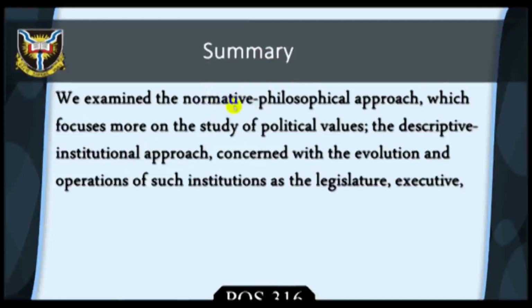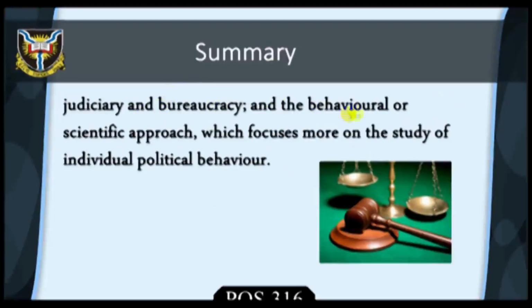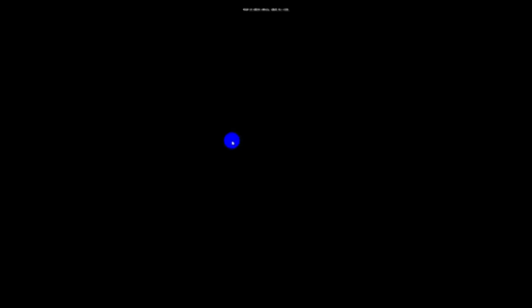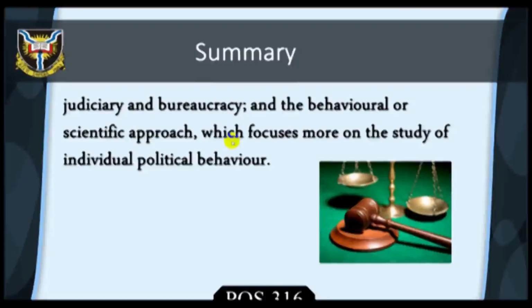These are namely the normative philosophical approach, which focuses more on the study of political values, the descriptive institutional approach, that is more concerned with the evolution and operations of such institutions as the legislature, executive, judiciary, and bureaucracy, and the behavioral or scientific approach, which focuses more on the study of individual political behavior. Quite importantly, students are encouraged to identify any of these approaches that catches their fancy as a preferable choice for the study of political events in Nigeria, and for the purpose of comparison between the country and other parts of the world.